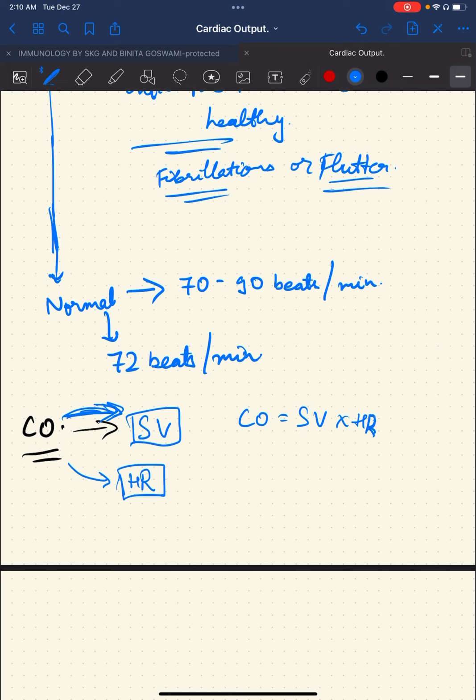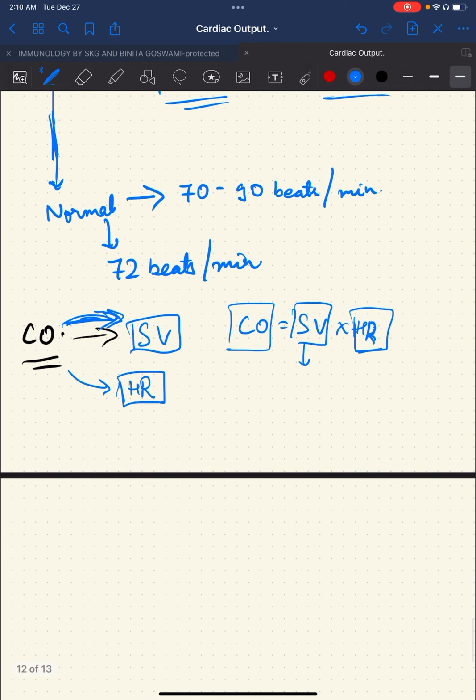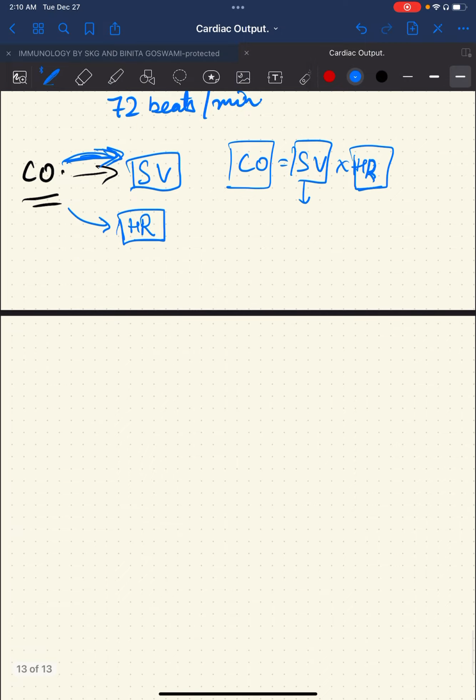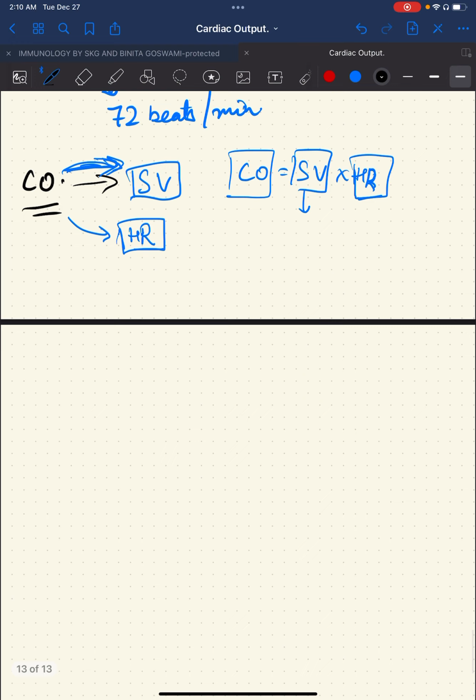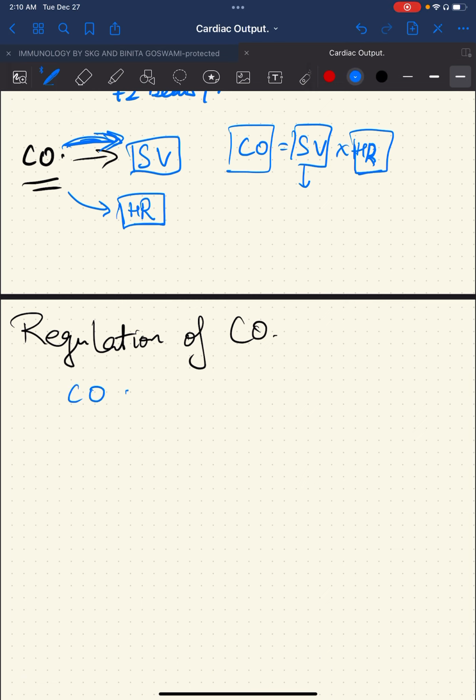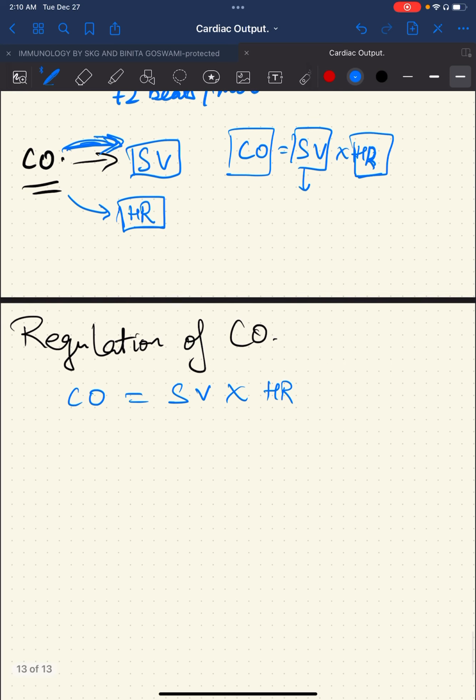So cardiac output is nothing but stroke volume into heart rate. Amount of blood pumped in one contraction and number of contractions in 1 minute, that will be amount of blood pumped in 1 minute. Okay. So here let me give you a brief of the topic that we are going to study in the next video, that is regulation of cardiac output. If I have to regulate my cardiac output, I can do it in two ways.